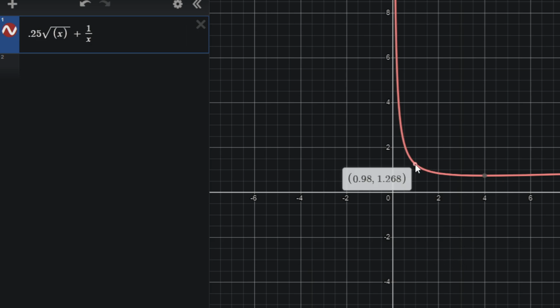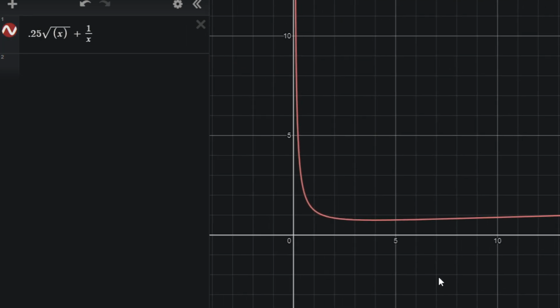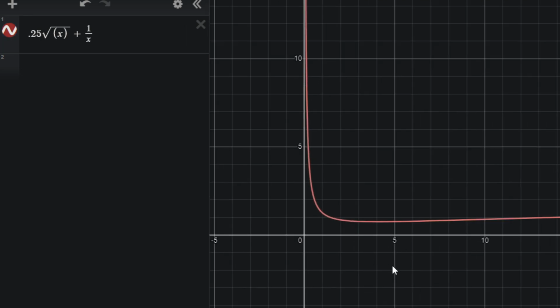Okay. So we can see it's a little bit of a strange graph actually, because it looks like it's flattening, but it actually does start increasing. It's just very subtle.